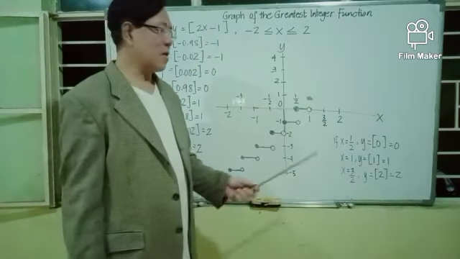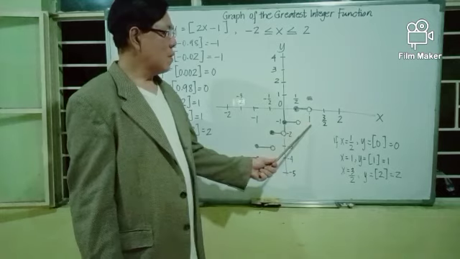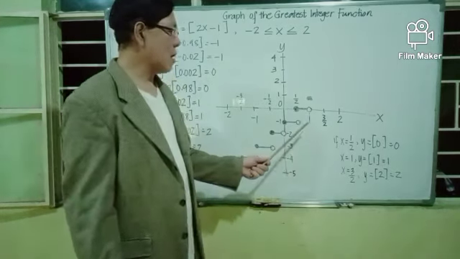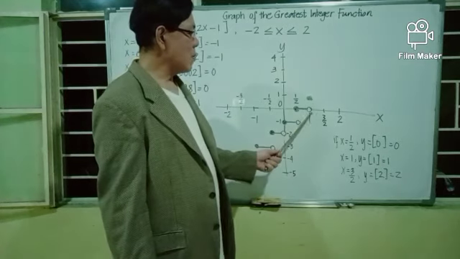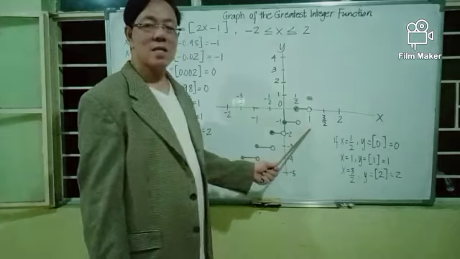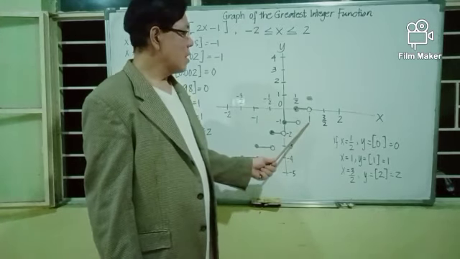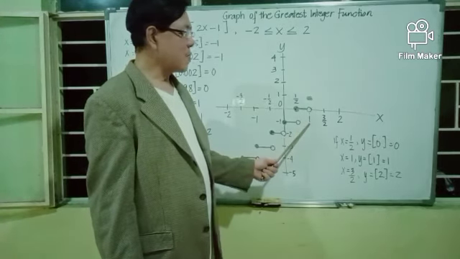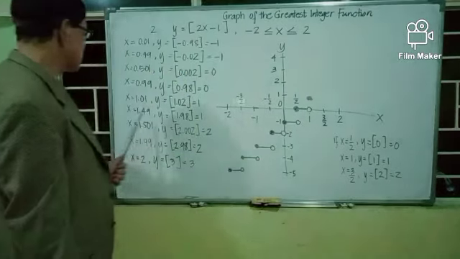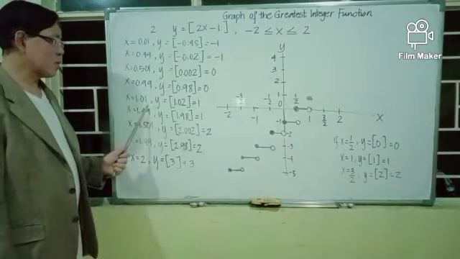Next, we consider the interval from 1 to 3 over 2. That is, we consider real numbers that are greater than 1, but less than 3/2 or less than 1.5. I will take a real number greater than 1, but very close to 1. I will take x equals 1.01.